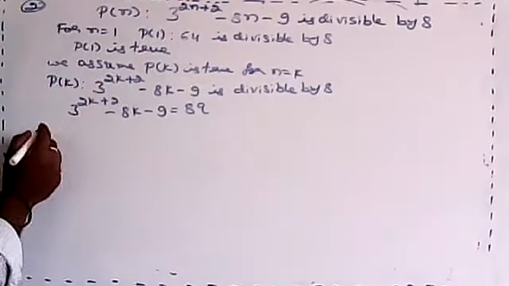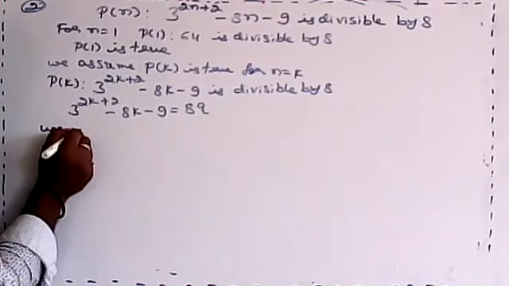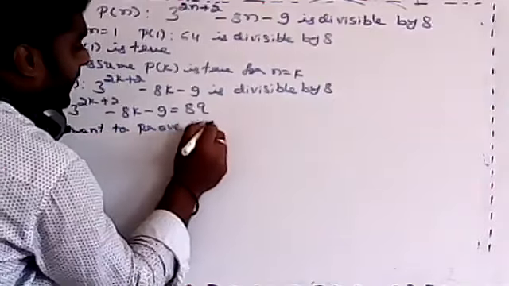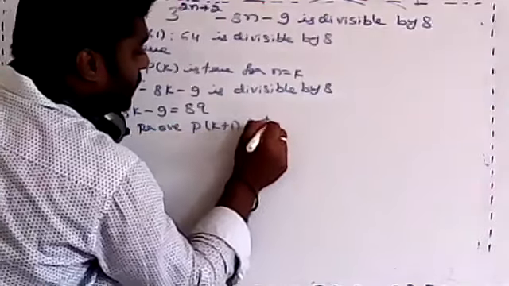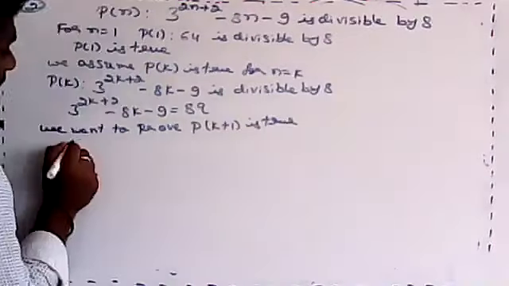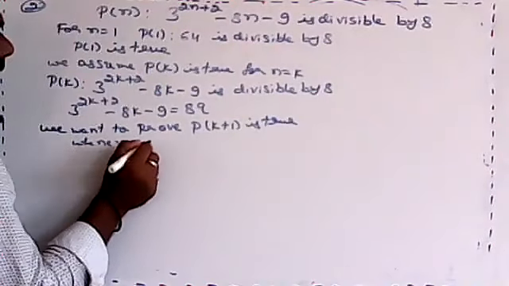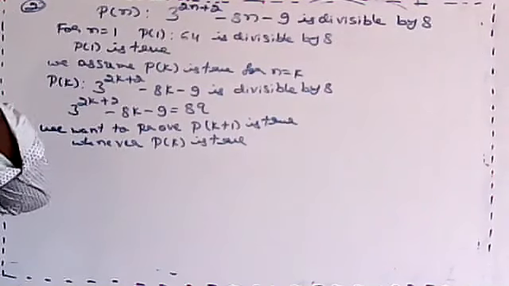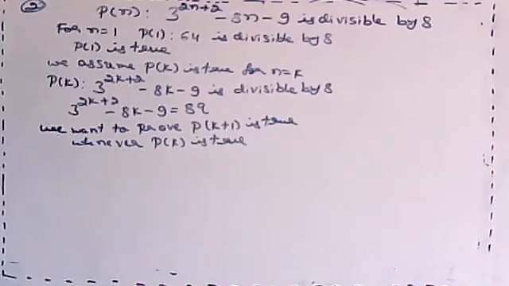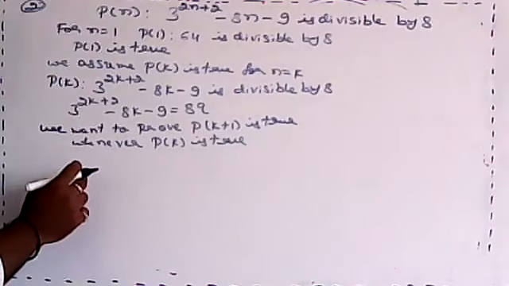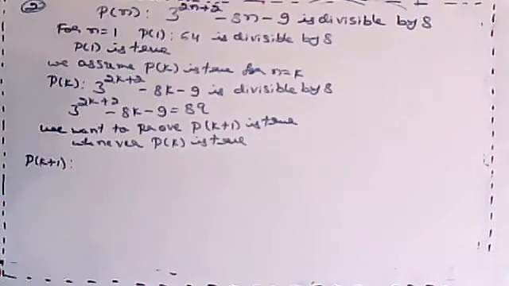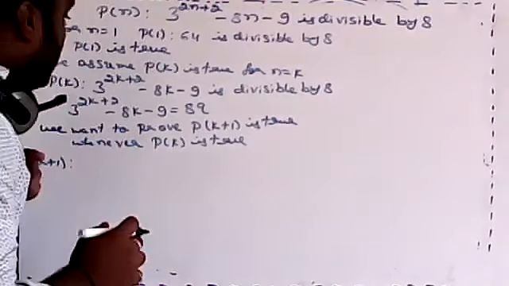Then next, we want to prove that P of k plus 1 is also true whenever P of k is true. Means we have to show that it is also divisible by 8. Now tell me, what will I get for P of k plus 1?